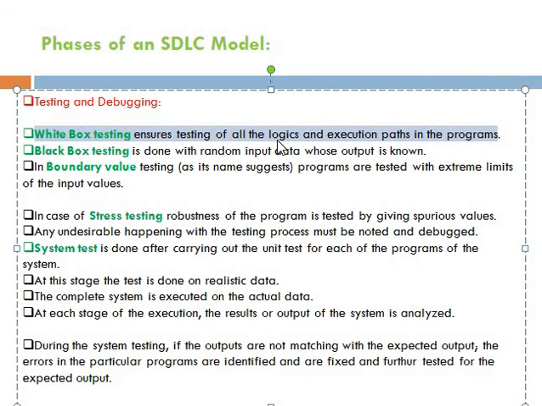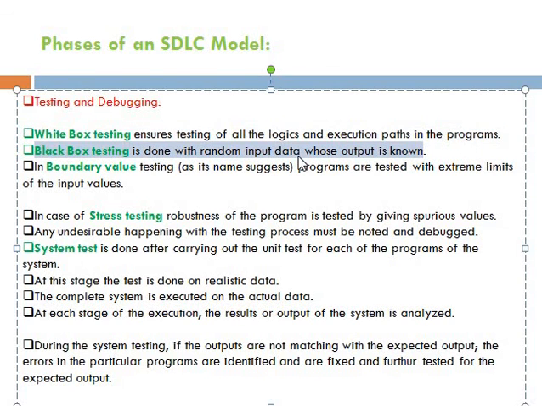Since only the developer is familiar with the logics and the execution parts in a program, the white box testing is usually done by the developer. But testing the system using random input data can be done by any user. So black box testing is usually done by the end users and not by the developers.